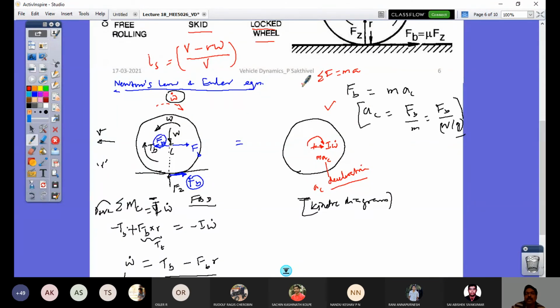Both sides, I will consider right side as positive. This is FB positive, and this side it's MAC, where AC is the linear deceleration. This would be compared with the R omega dot. R omega dot again is the free rolling linear acceleration, but there would be the skid phenomena. So this is all you should understand.